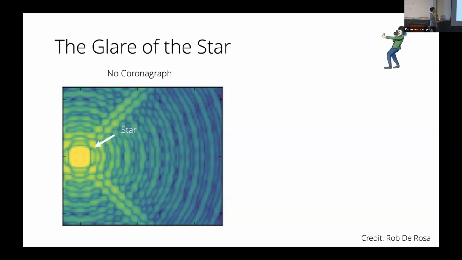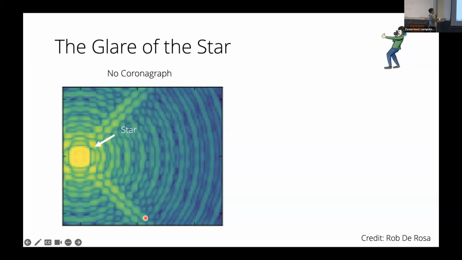But even with perfect adaptive optics, let's say we launched a circular telescope into space and imaged a star. There's no atmosphere, there's no turbulence. This is what the image of the star will look like. And this is a simulation we made with a star and a planet. But you can't see the planet at all, because even with perfect wavefronts, these planets are hidden under the diffraction of the star.